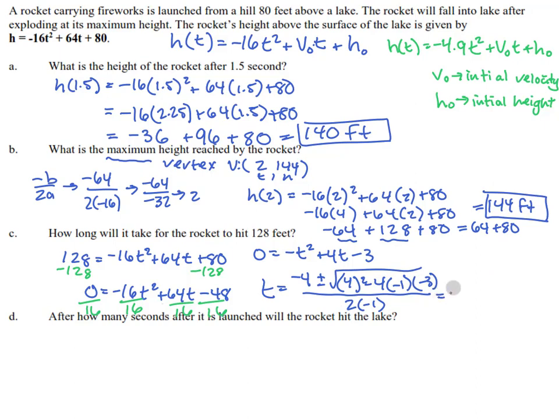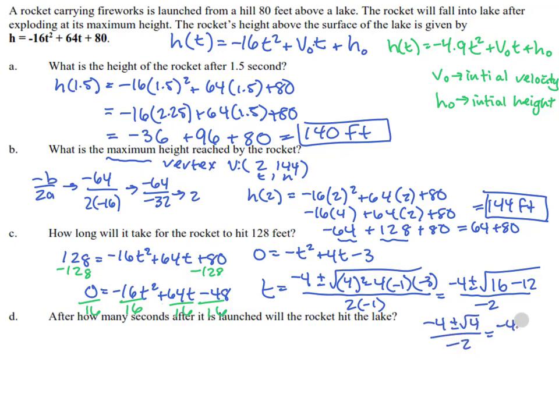Okay, so simplifying here, we get negative 4 plus or minus the square root. 4 squared is 16. Negative 4 times negative 1 is 4. Times negative 3 is negative 12. So it's going to be minus 12, all over negative 2. Ooh, so we get negative 4 plus or minus the square root of 4, which is 2, of course.